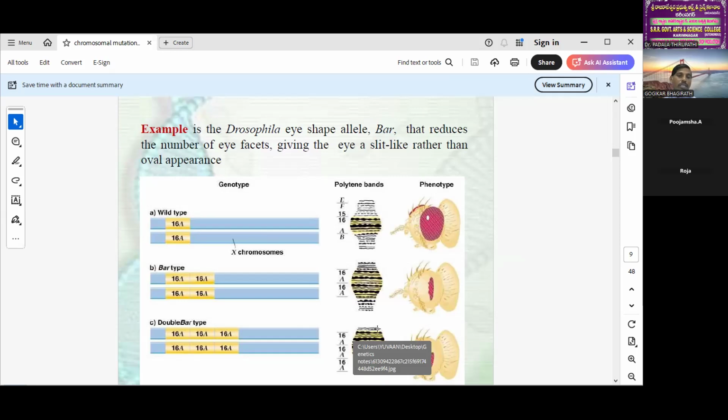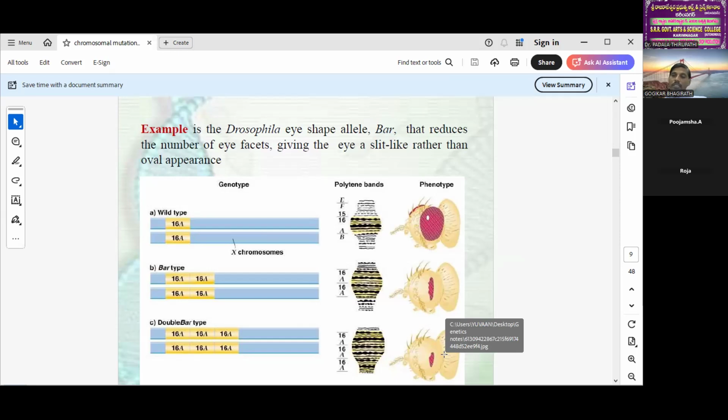These three regions indicate the eye shape is small and converts into a slit-like model due to the duplication of the chromosomes. This is the best example in Drosophila melanogaster, the Bar character of the eye.